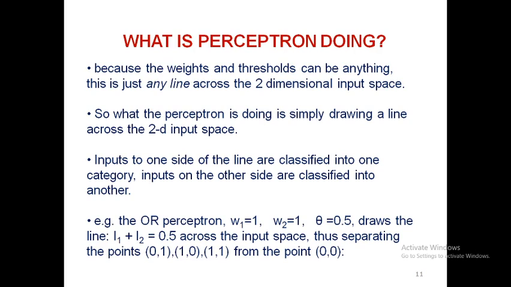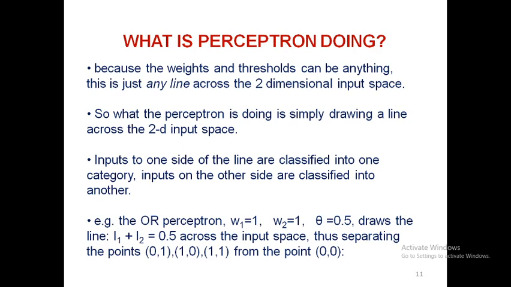Whereas the other point, 0,0, which is 0 plus 0, is less than theta, which is 0.5. So 0 is less than 0.5, and it lies on the other side of the line I1 plus I2 equal to 0.5.